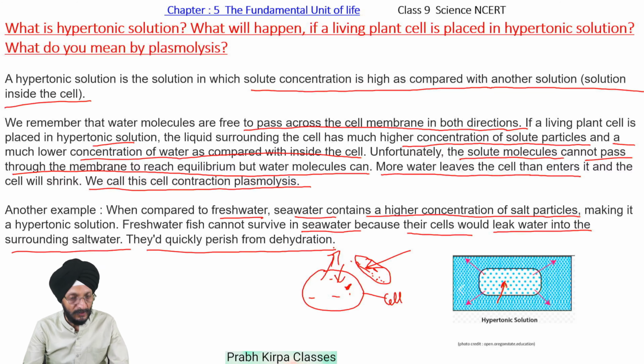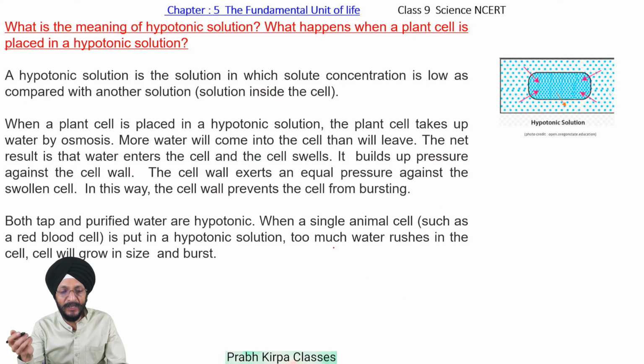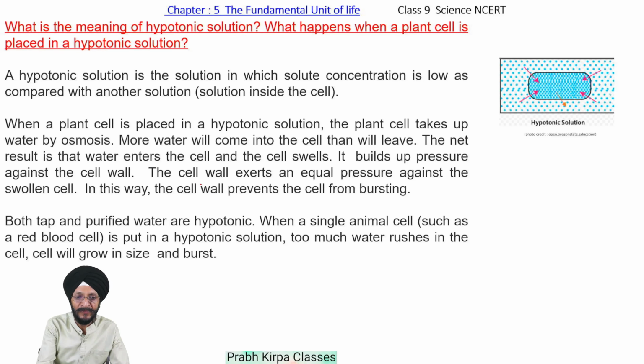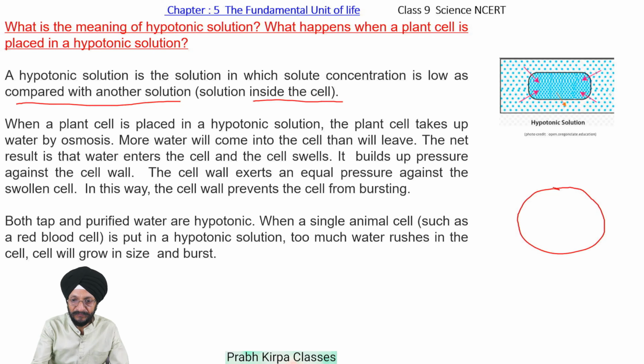So now, what is the meaning of hypotonic solution? What happens if a plant cell is placed in a hypotonic solution? Hypotonic solution is a solution in which solute concentration is low as compared with another solution. Another solution means solution inside the cell. This is the cell.